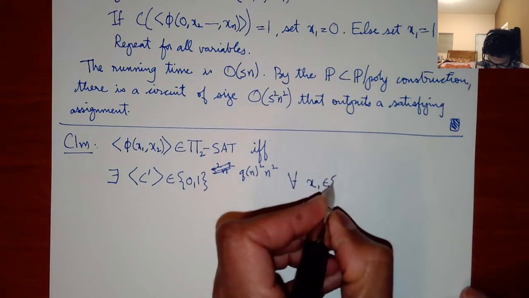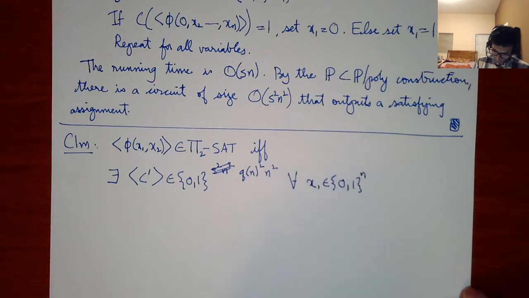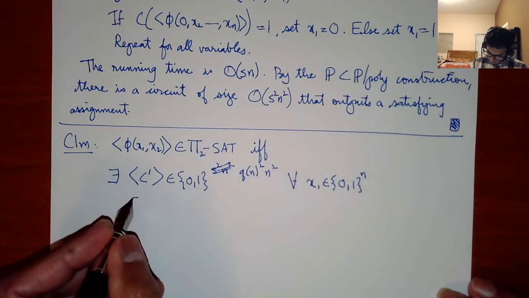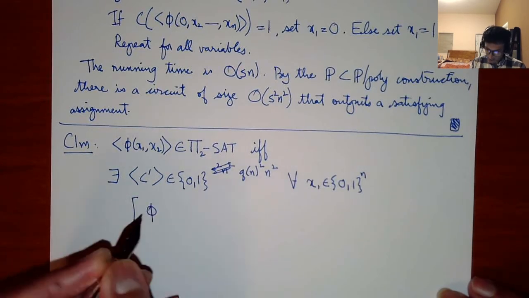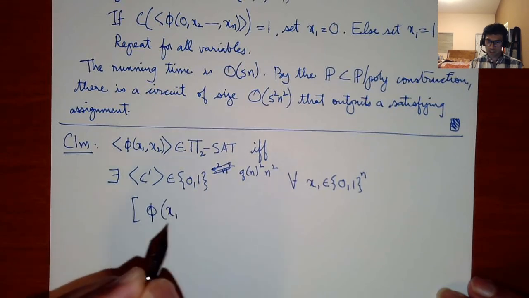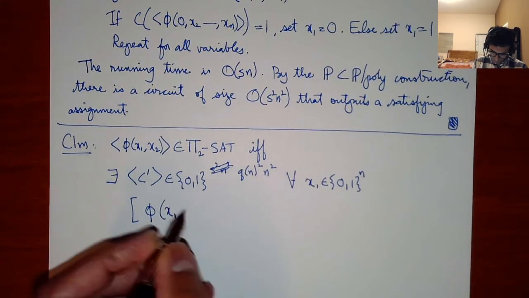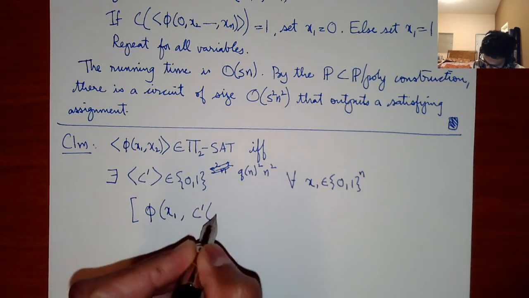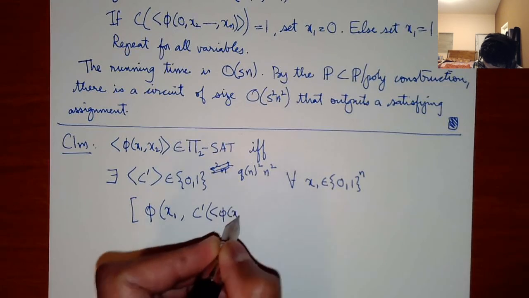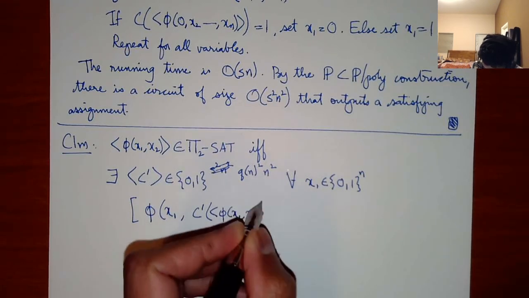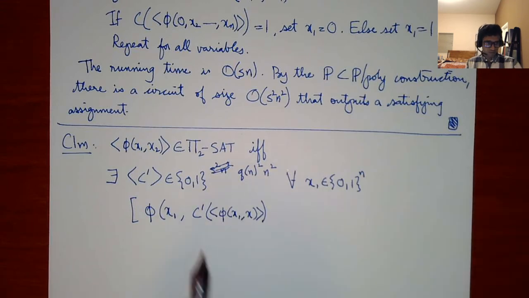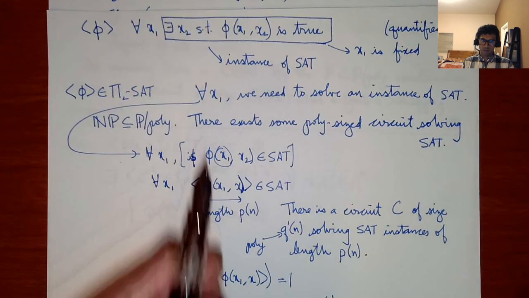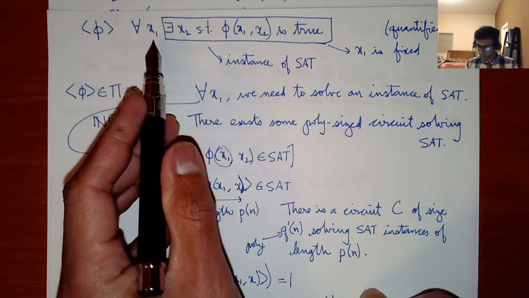x1, so this is the existential, this is the for all, so that for all x1, phi evaluated on x1 for the first argument, that's what we had initially, on C prime, okay, so hold this, phi x1 x. Remember that because we're doing pi 2 sat, there are two parts to the input. There's the for all part and the there exists part.